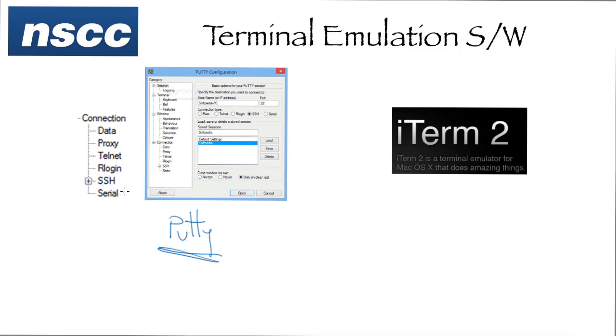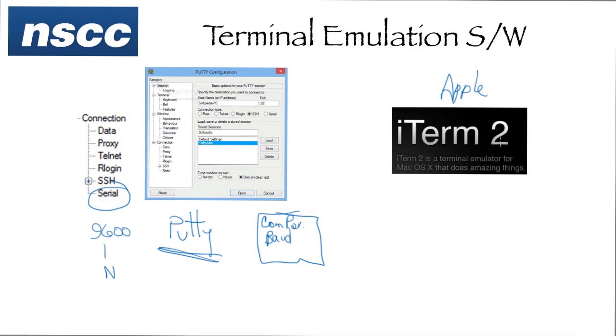And when you're configuring PuTTY, you would choose the serial option, and you would set all the communication parameters, such as baud rate and whatever, to the standard settings, the 9600 baud, the one stop bit, no parity, and so on. Another choice in terminal emulation software using Apple computers is iTerm2. They both do the same type of thing.